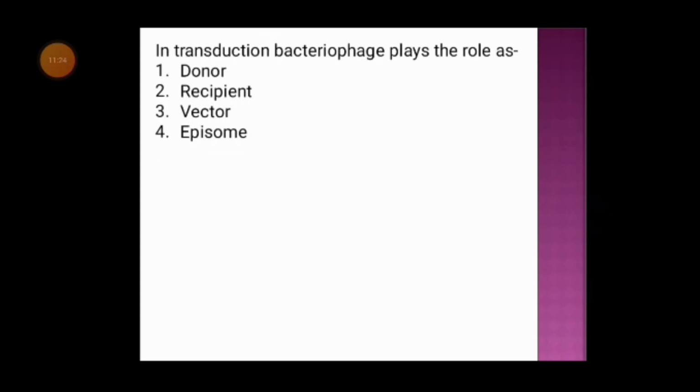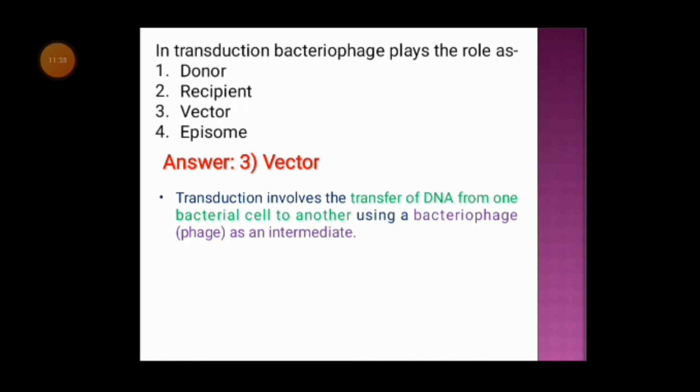Next question. In transduction, bacteriophage plays a role as option 1, donor, option 2, recipient, option 3, vector, option 4, episome. And the correct answer is option 3, vector. Transduction involves transfer of DNA from one bacterial cell to another using bacteriophage as an intermediate.